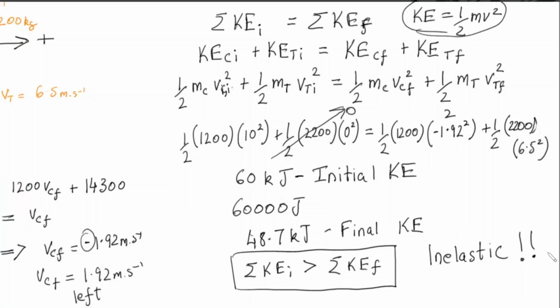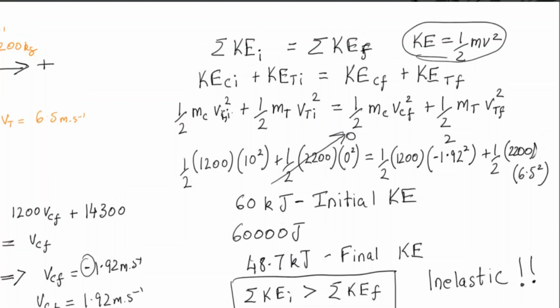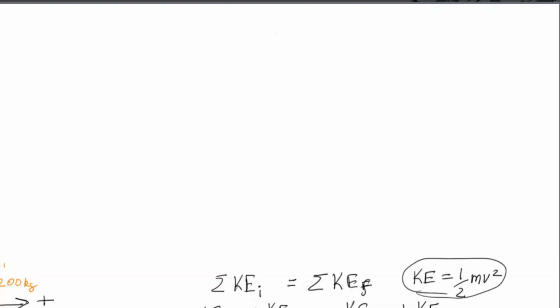So now that we've figured out that this collision is going to be inelastic, let's go ahead and find out what the force will be on the truck as a result of the collision caused by the car. So let's write that down as force experienced by truck.